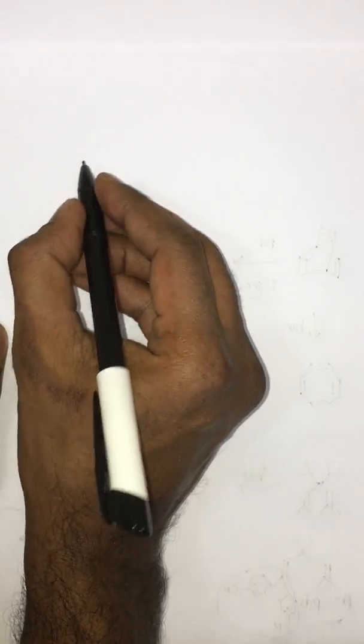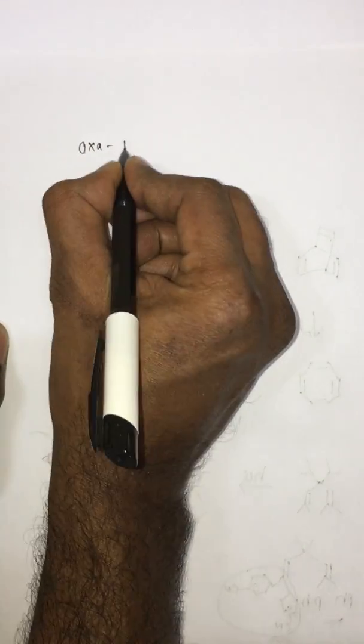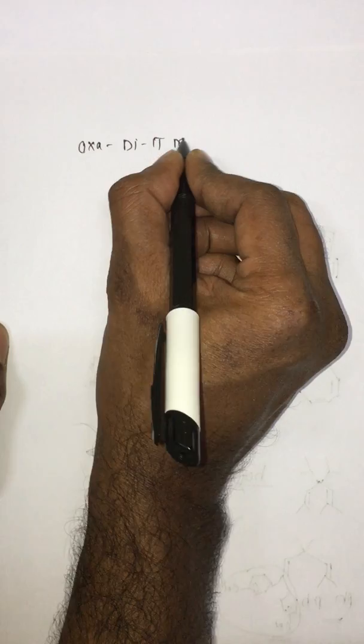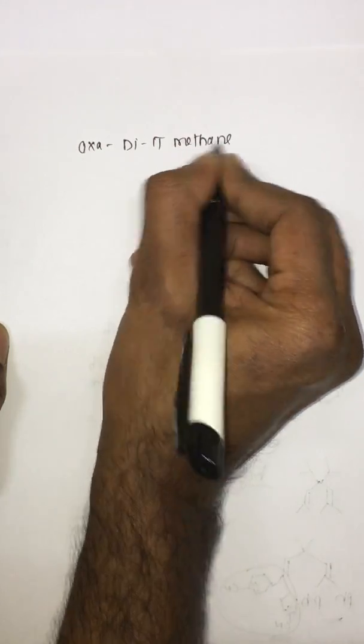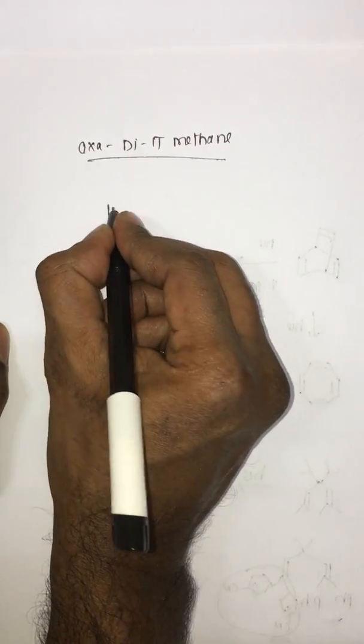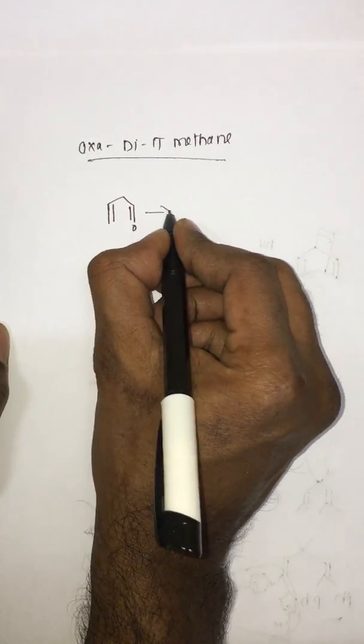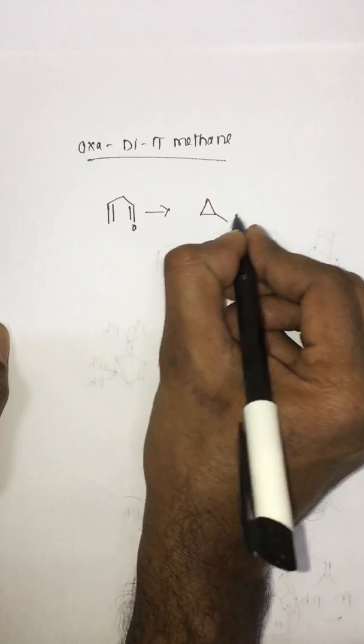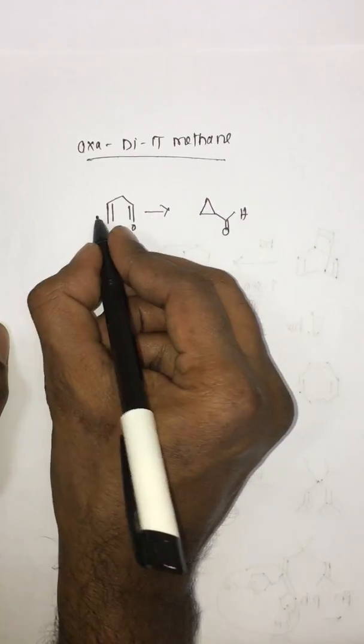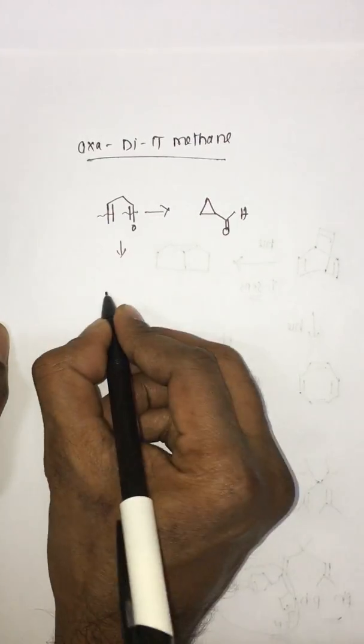So this is also the same, oxa-di-pi-methane rearrangement. So in this case, instead of carbon, we have a carbonyl compound, and here the product will be the aldehydes. Just see, this is also the same.